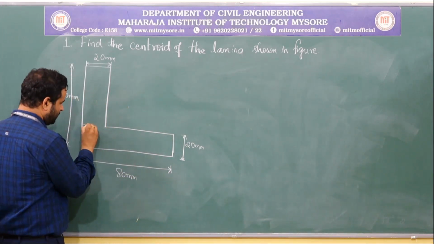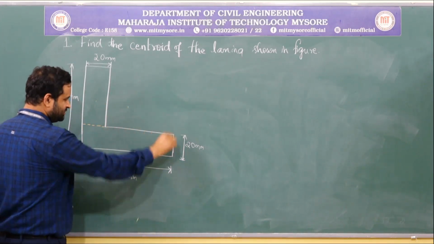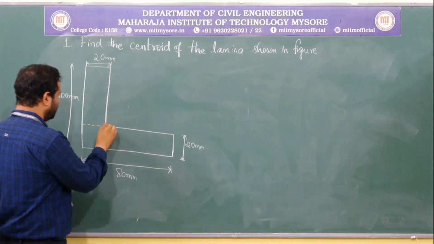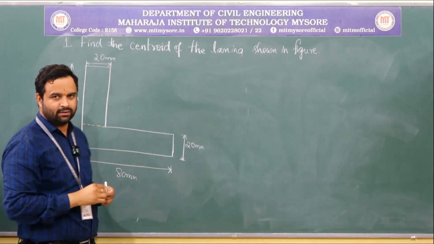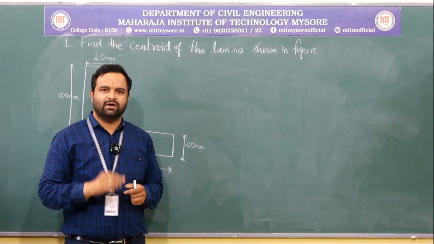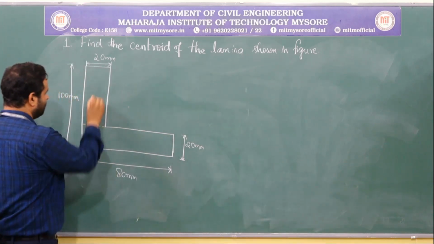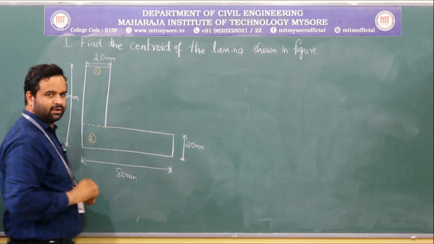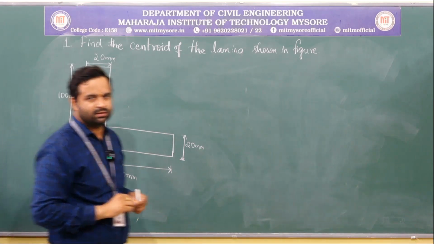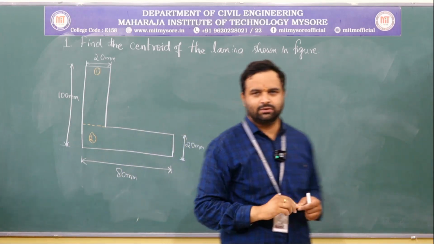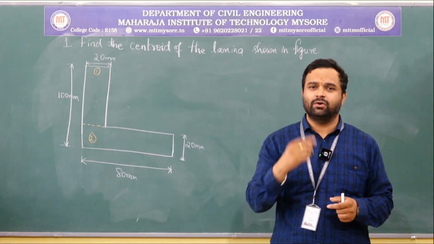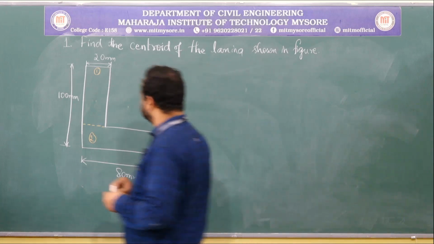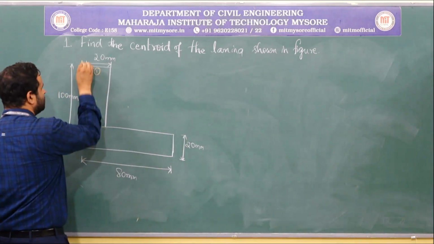If I just draw a line here, this will be one rectangle and this will be another rectangle. After dividing, we need to number it: component 1, component 2.